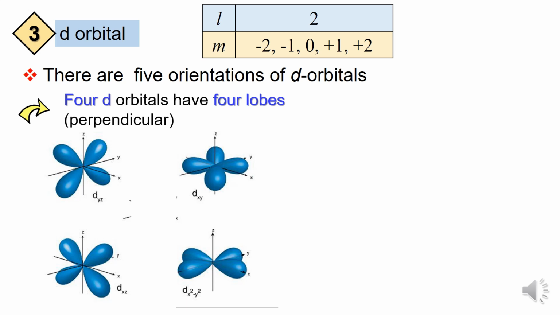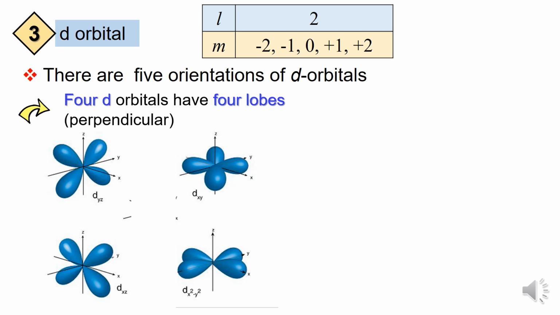For dyz, dxy, and dxz, the names tell you that these orbitals lie in the yz plane, xy plane, and xz plane respectively. Each orbital has 4 lobes, and each of the lobes is pointing between 2 of the axes, not along them.